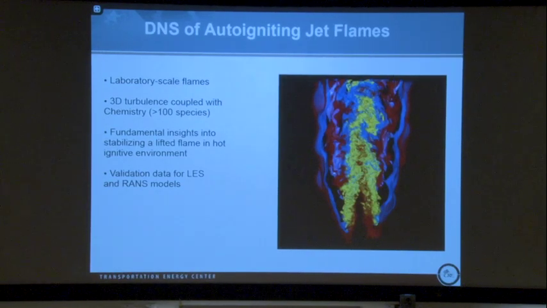And you can get insights into all kinds of physics, from lifted flame stabilization to auto-ignition. And the data from the DNS is being used by groups from around the world to look at validation and ideas for developing RANS and LES models, closures.